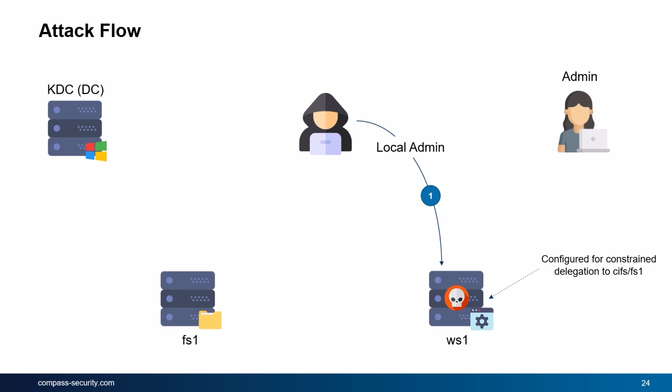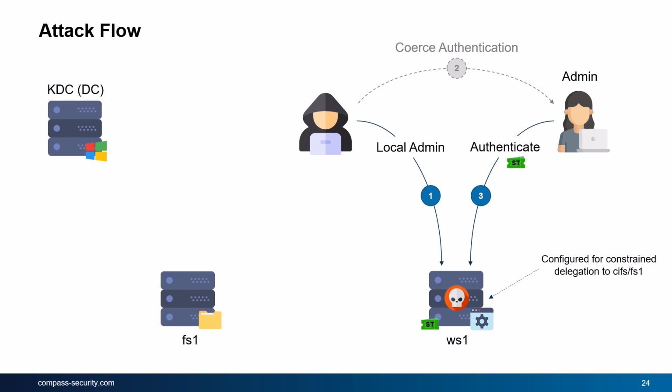Next, as the user needs to be present for the delegation to occur, we must somehow either convince the user to connect to our service, WS1, or we simply wait for this to happen. This is not strictly required, but we might help our luck a bit with certain coercion techniques. We're not going to look into much more detail about that, because essentially this is another topic. But eventually what must happen is that the user that we want to impersonate must connect to our target service.